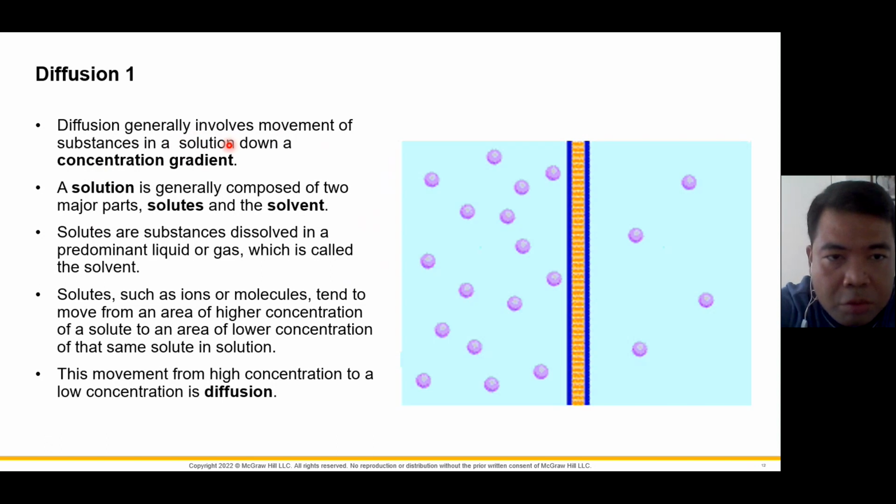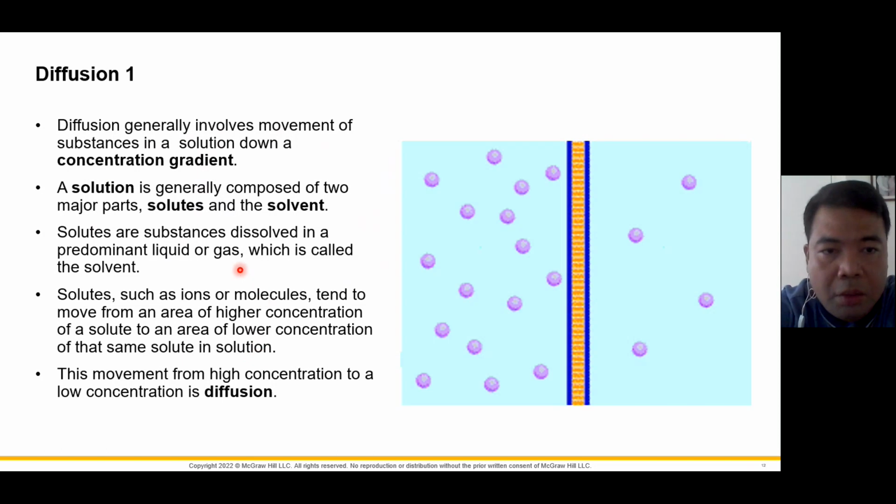So what is a solution? A solution is generally composed of two major parts, solutes and solvent. Solutes are substances dissolved in a predominant liquid or gas, which is called the solvent. Solutes such as ions or molecules tend to move from an area of higher concentration to an area of lower concentration.